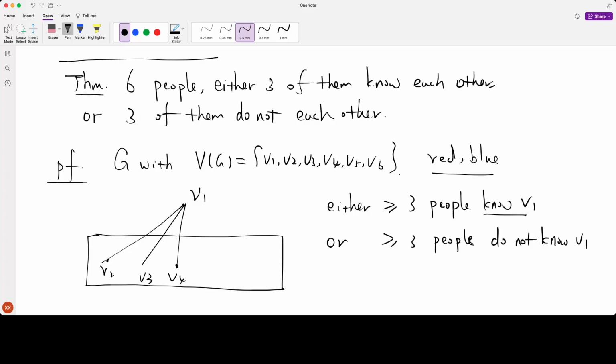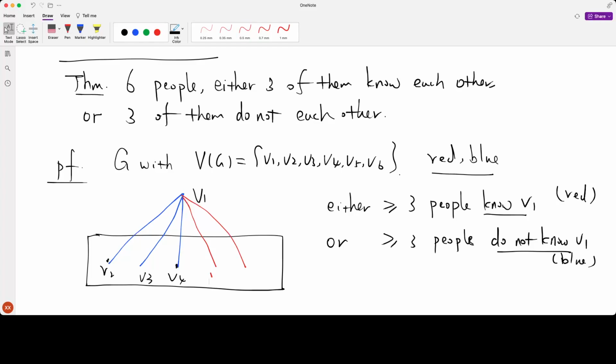So knowing, I put color red. Not knowing, I put color blue, for example. So maybe I really draw the colors. In the first situation, for example, I have 3 red and maybe 2 blue, so 2 people don't know him: V5 and V6.